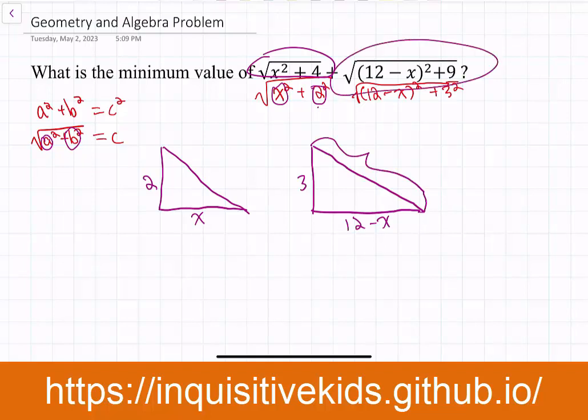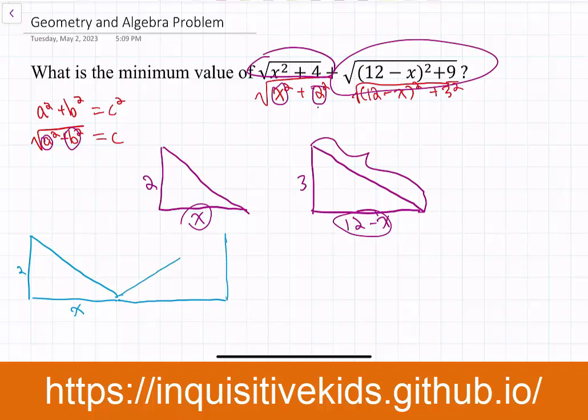And now we've converted this algebra problem into a geometry problem. Here we have an x, here we have a 12 minus x. So what would happen if we just combined the triangles that we just drew together? We have a 2 and an x and a 12 minus x.